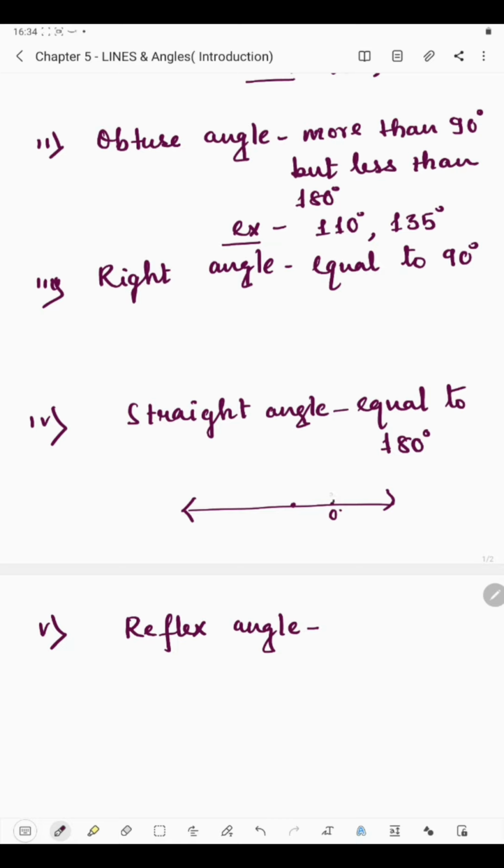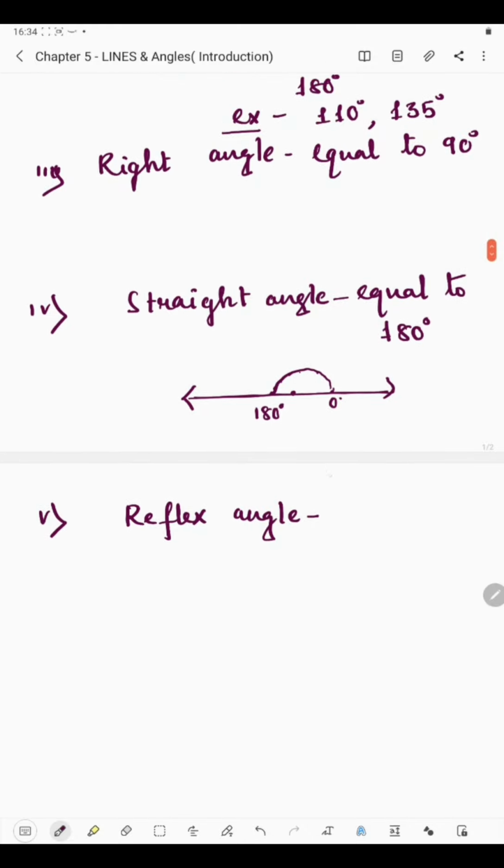From here you start making the angle and exactly here you will get 180 degree, which is a straight line. So that's why it is known as straight angle. Now coming to reflex angle, it is more than 180 degree and less than 360 degree.